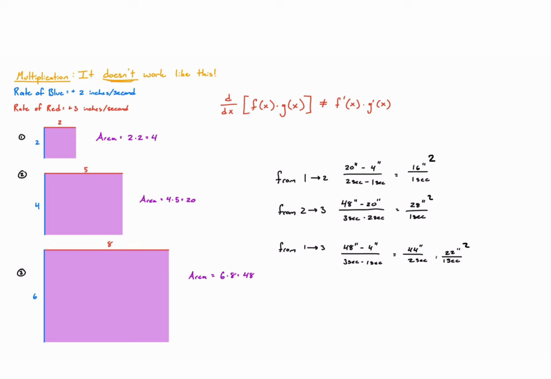But if we actually look at what we have here, the rate of the blue times the rate of the red, we would get 2 times 3, which is equal to 6 inches per second, which is clearly not true.